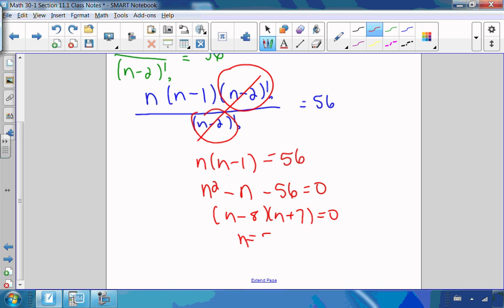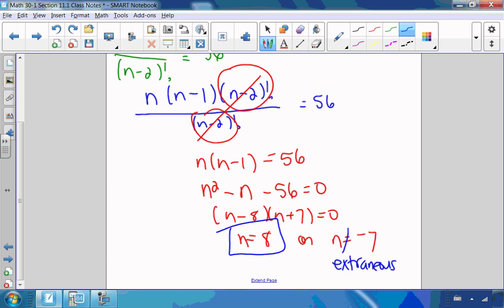So n can equal 8, or n can equal negative 7. Again, remember, when we're arranging objects, we can't have a negative number of objects. So this is an extraneous root, meaning it's a solution to the quadratic, but not a solution to the permutation. So that means n is equal to 8.